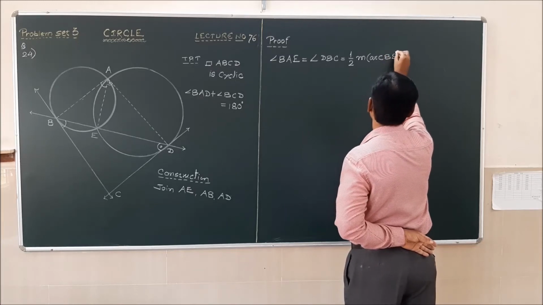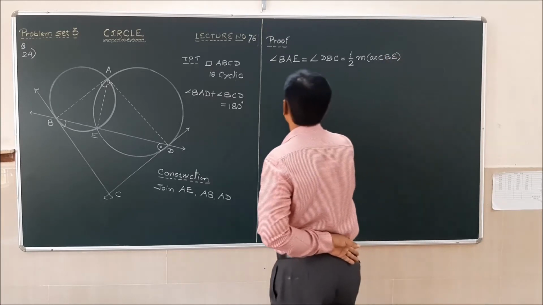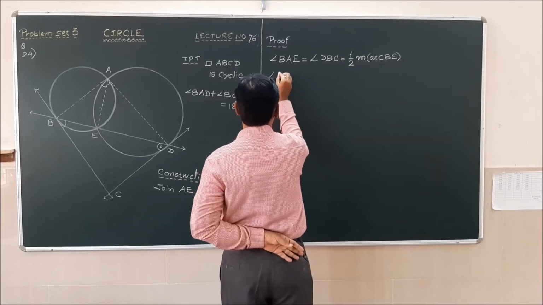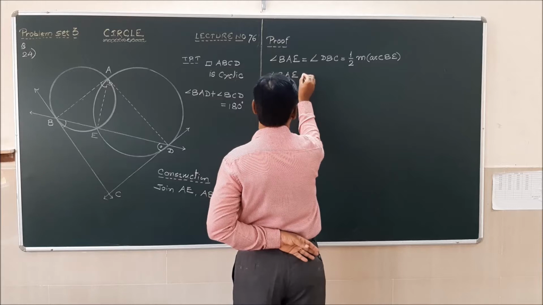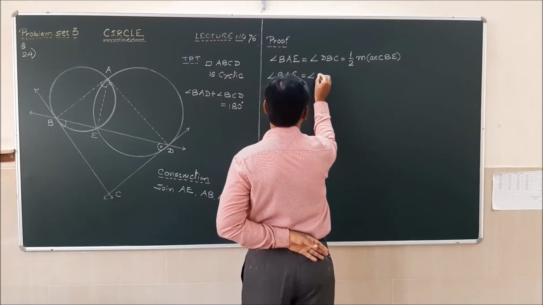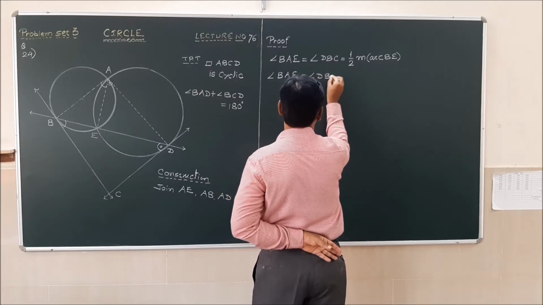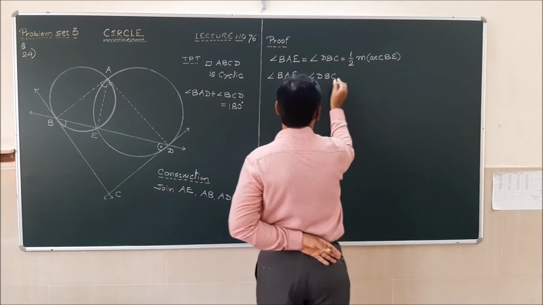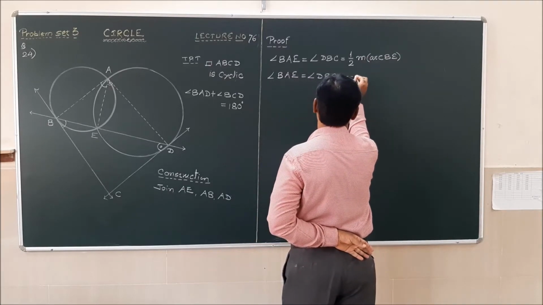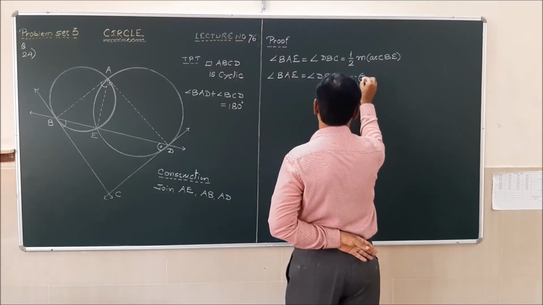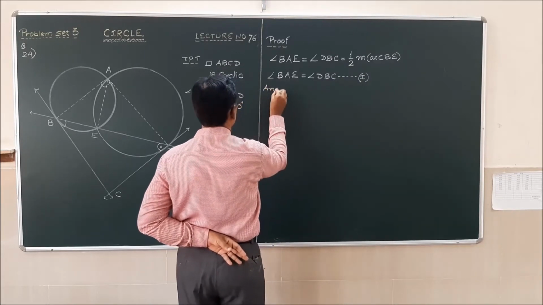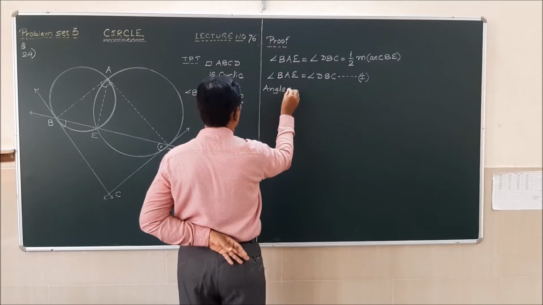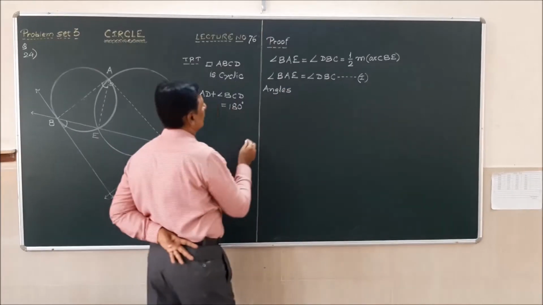Combining these two reasons, we can say angle BAE is equal to angle DBC. Label it as 1.